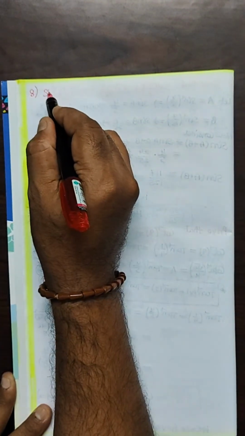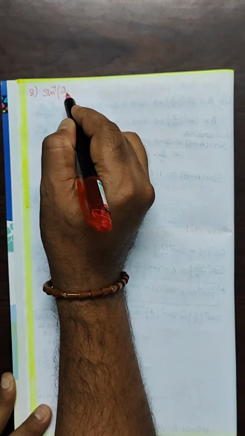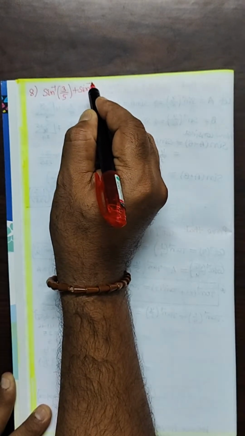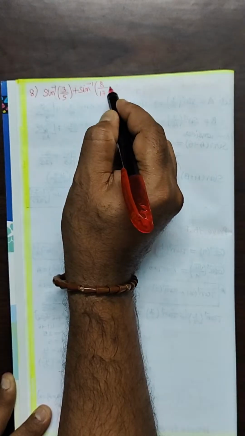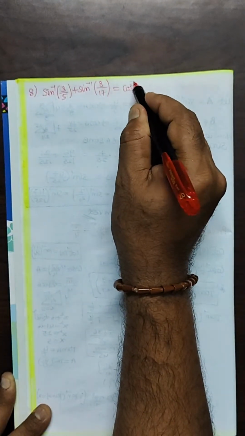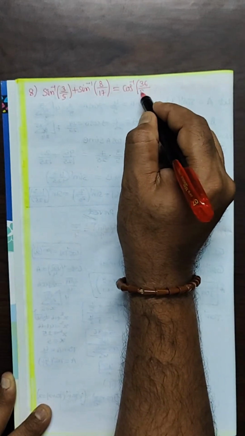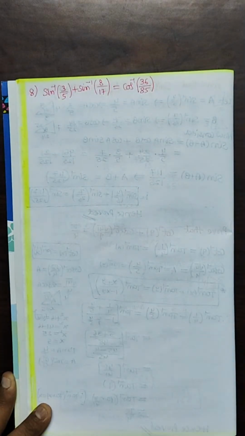Prove that sine inverse of 3 by 5 plus sine inverse of 8 by 17 is equal to cos inverse of 36 by 85. Okay.